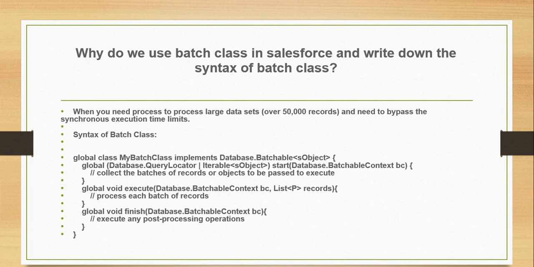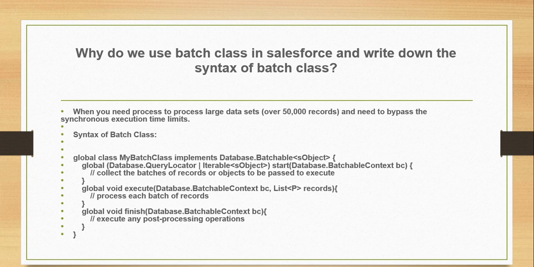Why do we use a batch class in Salesforce, and write down the syntax of a batch class. When you need to process large sets of data, over 50,000 records, and need to bypass synchronous execution time limits, then we should use a batch class. The syntax of a batch class is: global class MyBatchClass implements Database.Batchable<SObject>.